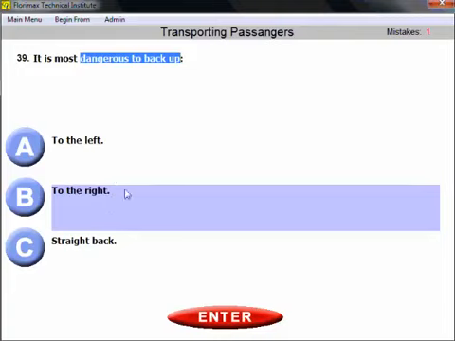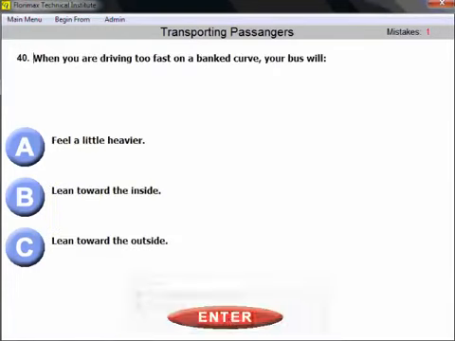That's the side where you cannot completely see. To the right side, it's most dangerous to back up.